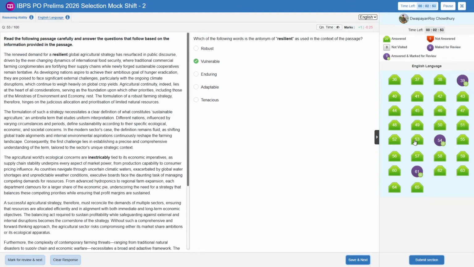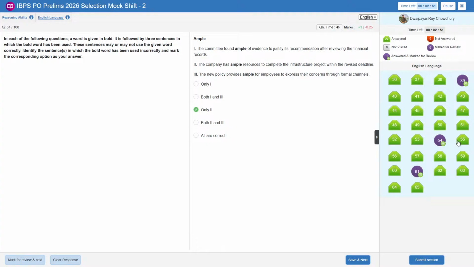So 58, right? So 54, 5. So incorrectly used. So only 3 is wrong. Then 1 and 3. Because 2 is definitely not going to be here.